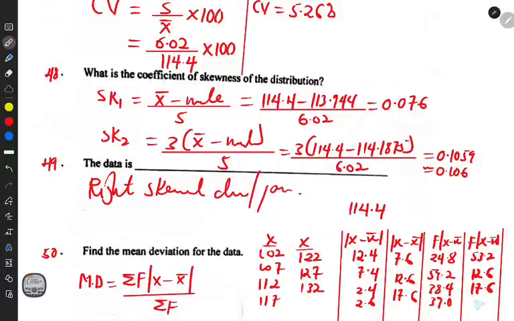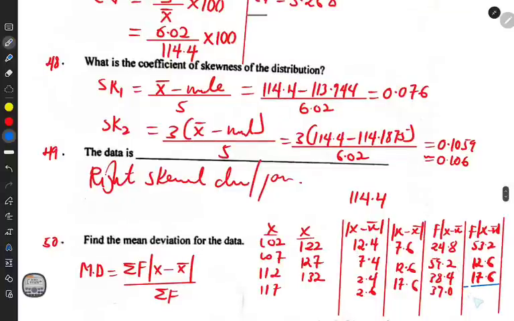So once you have that, you just have to have your summation of f times the deviation value. So let's see what we get. We are supposed to have a total sum of 244.8.